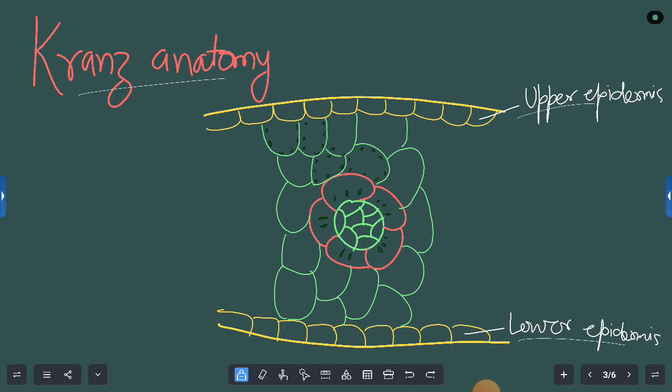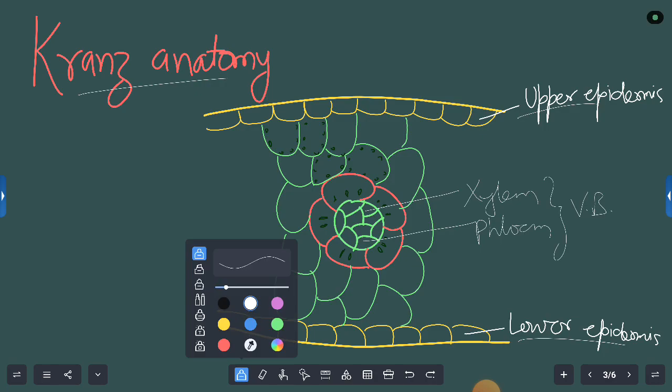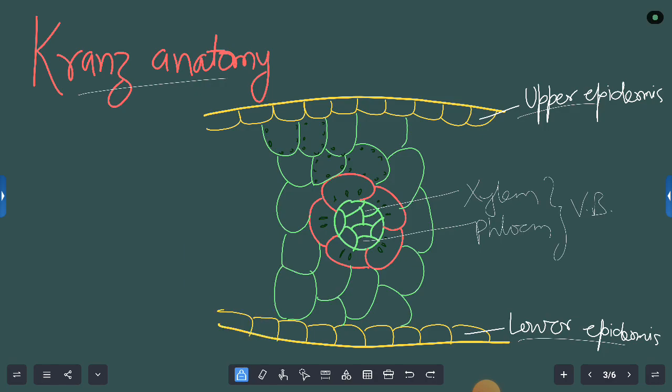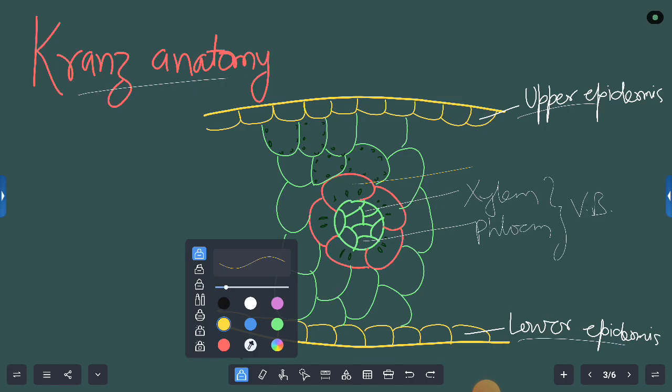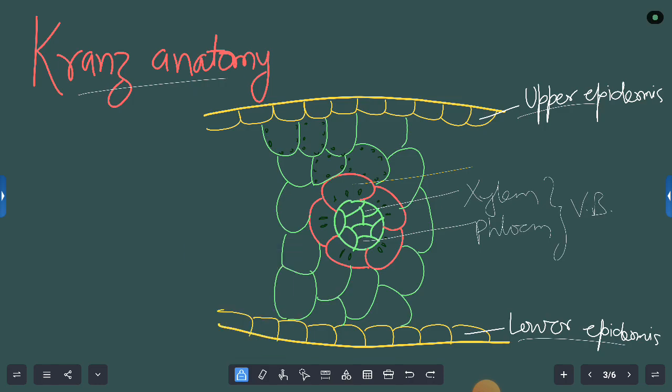This is xylem and phloem, so this is the vascular bundle. Outside the vascular bundle, this is the bundle sheath cells, which sheath the vascular bundle, and these are the mesophyll cells.